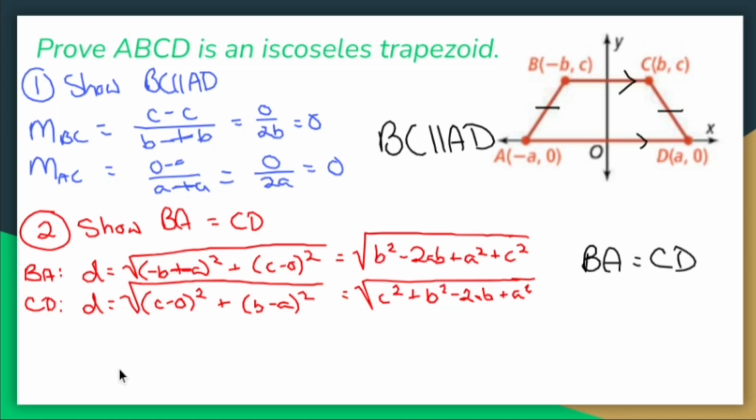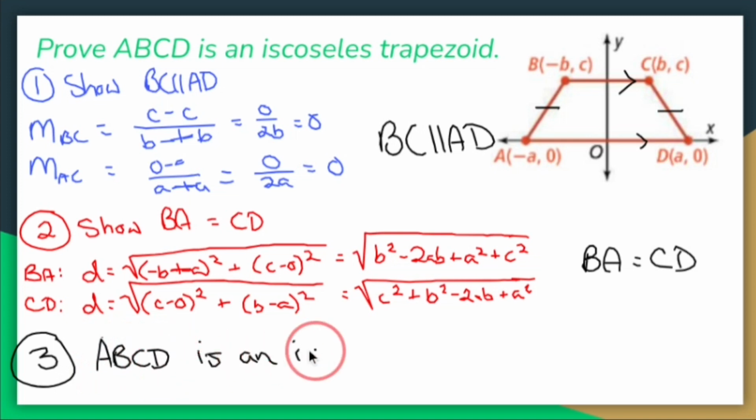Since BC is parallel to AD, and since BA is equal to CD, that tells me that ABCD is an isosceles trapezoid. All right, so that's coordinate geometry. You're not setting up a two-column proof. You're just showing the math that you need to show to prove that these guys are exactly what they say they are. Fun.